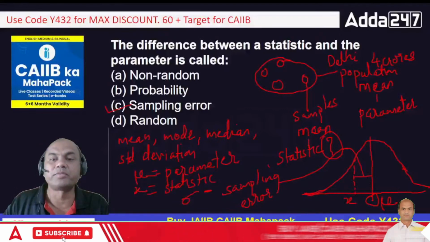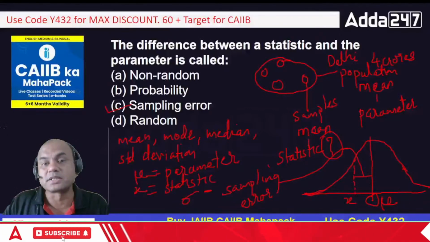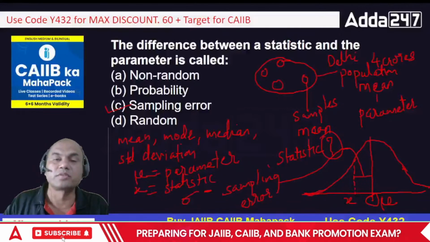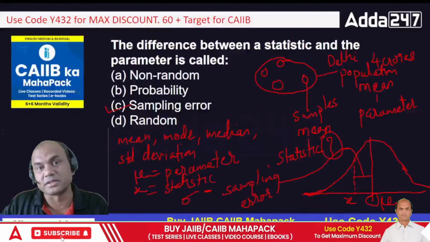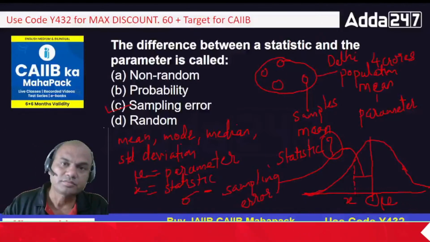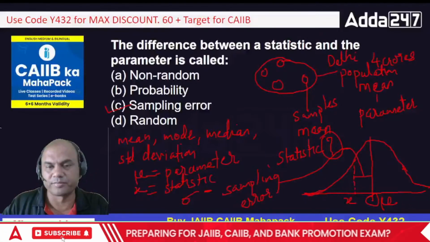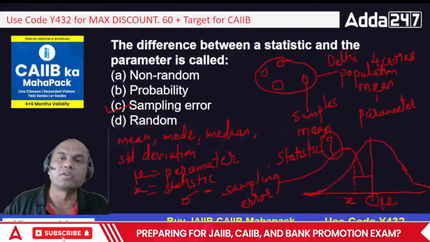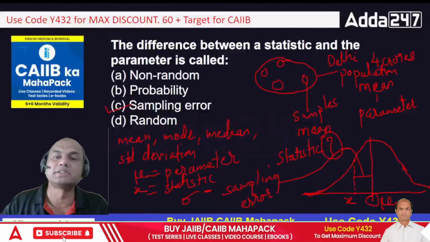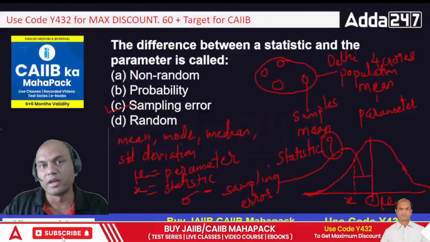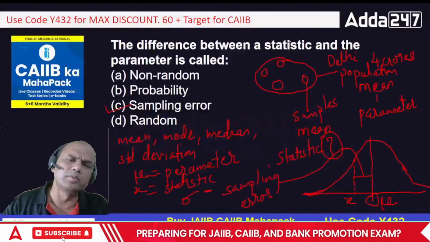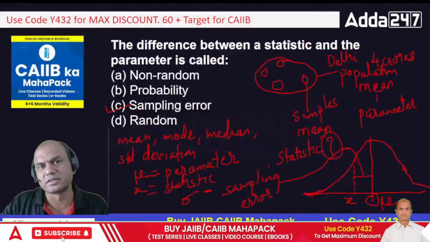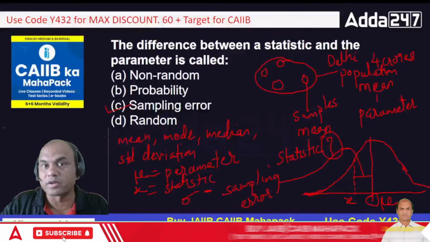If I find the mean for the population, it is called as what? Statistic or parameter? It is correct, parameter. If I want to survey the full Mumbai city, each and every one, and find the mean of the salaries, that mean will be called as what?